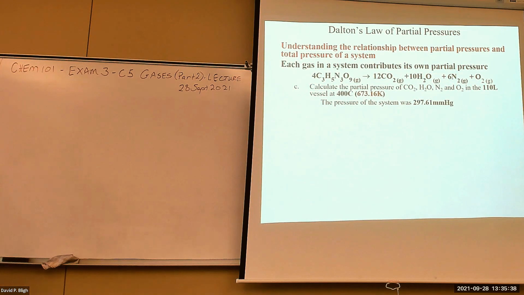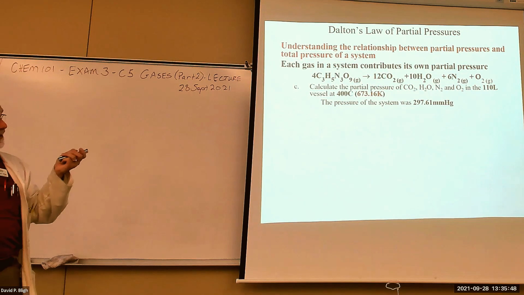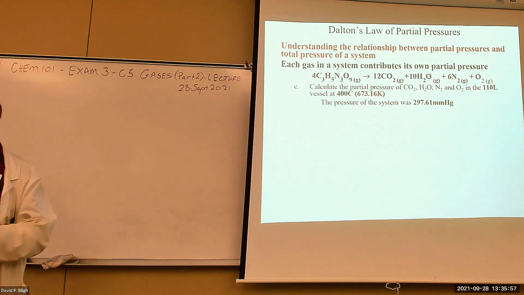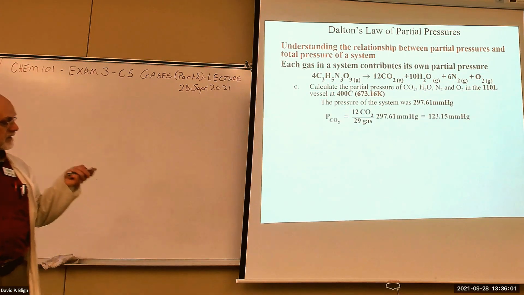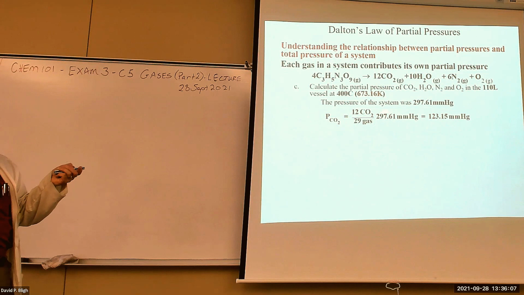So what's the ratio? The mole fraction of the gases is the ratio of their coefficients, right? So 12 of those 29 moles is carbon dioxide. 10 of them, 10/29ths is water, 6/29ths is nitrogen, and 1/29th is oxygen. So we can use that knowledge there for carbon dioxide. It's this fraction of the total.